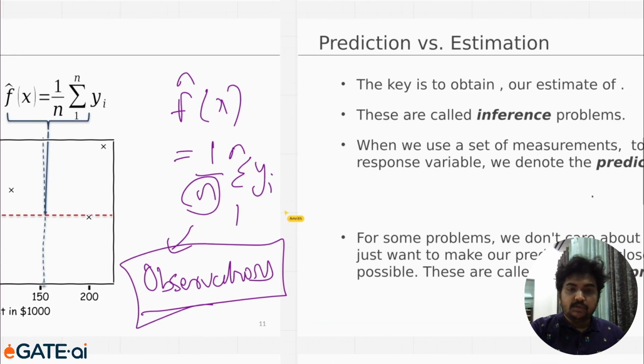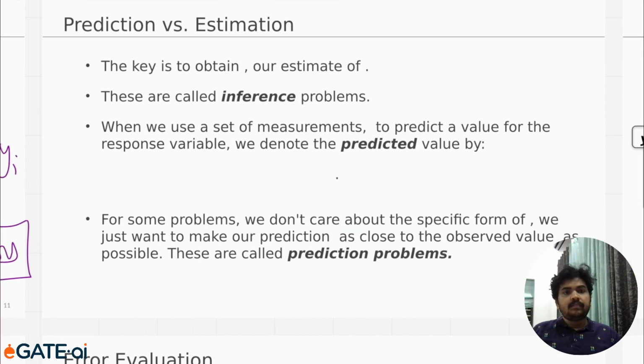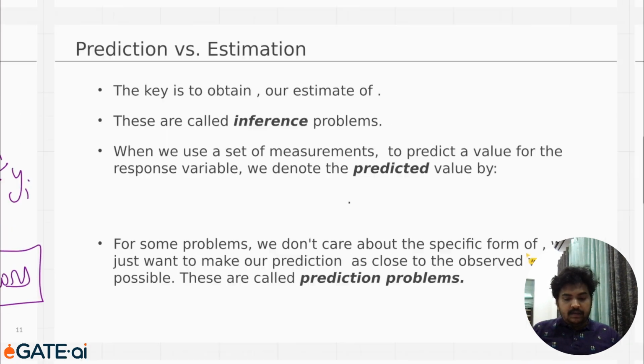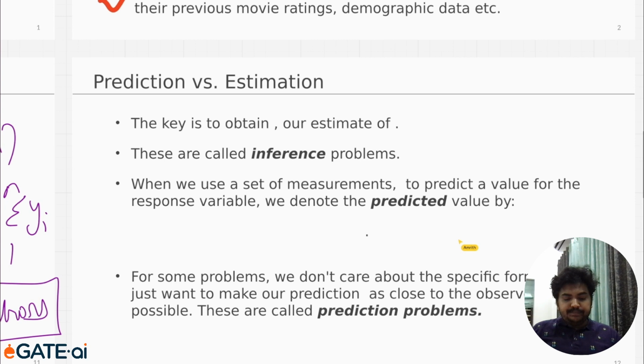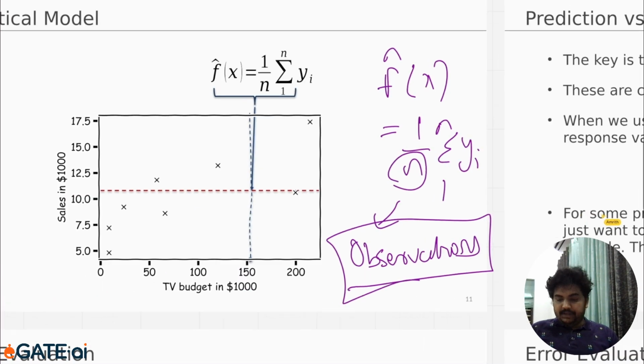So the question is, can we do better? Of course, yes. Even before we start with the modeling, or even before we start with how to do regression, we have to probably see how we can learn from data.